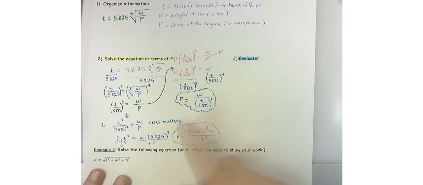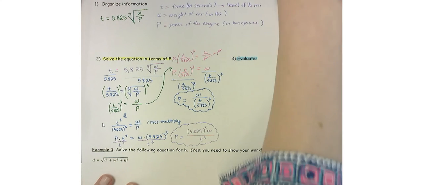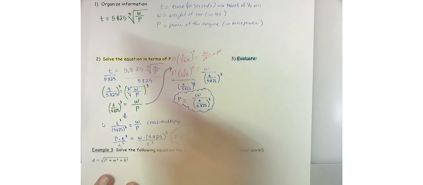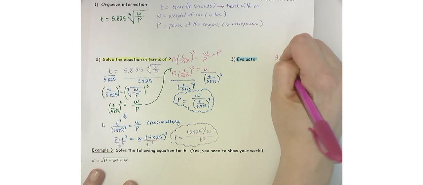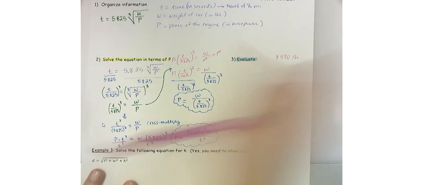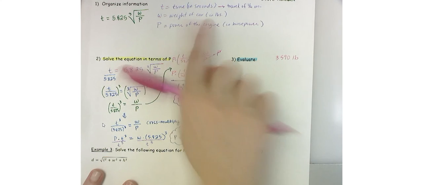Like I said, you can use either one, but when you're plugging this in, which I do want you to do, you're going to have to use your parentheses. This would be 13.4 over 5.825, that whole quantity cubed.